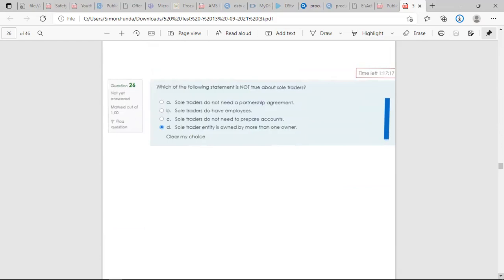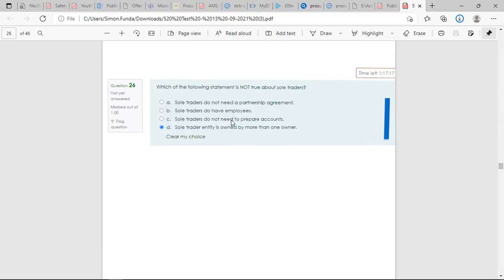Which of the following statements is not true about a sole trader? A sole trader does not need a partnership agreement. Which one is not true? A is true. A sole trader does not have employees. So this is also true.